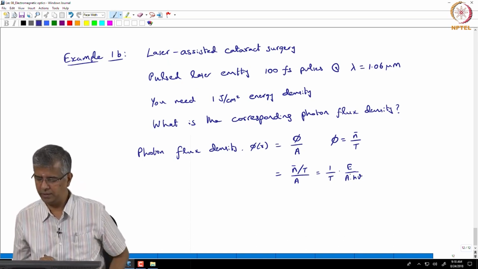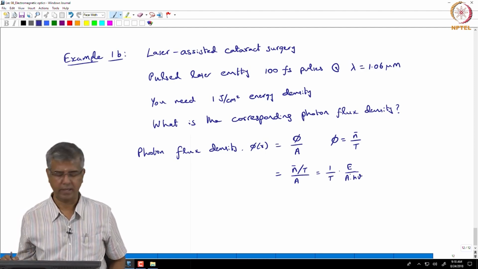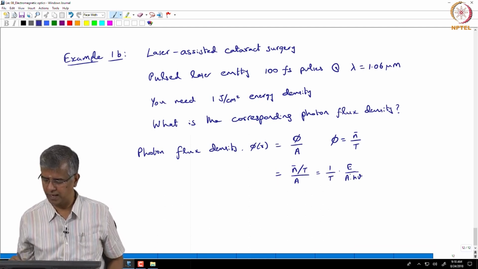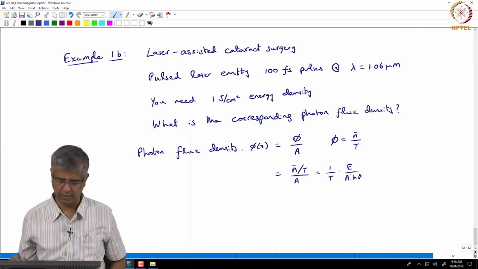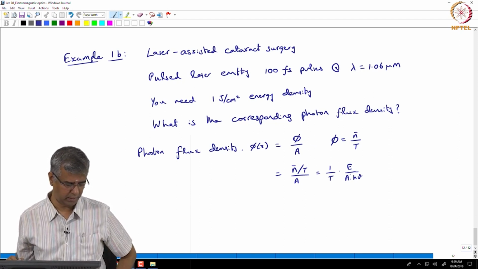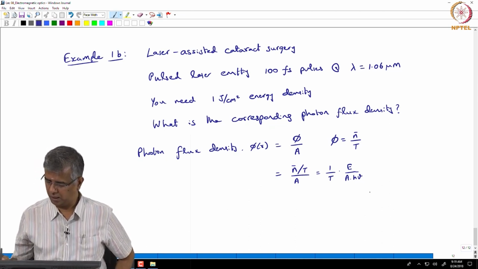And what are you given? You are given energy density, which is E over A, right. And if you substitute that, you are also given this time. So based on that you can figure out.